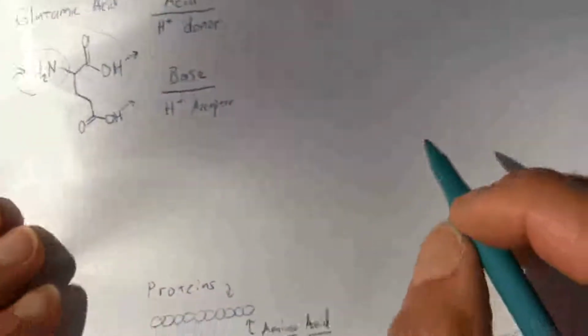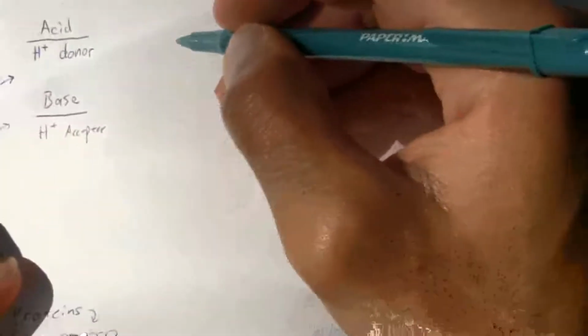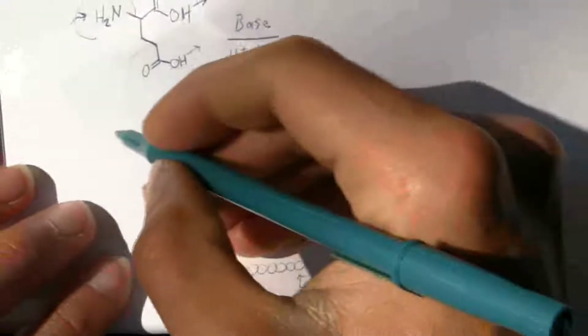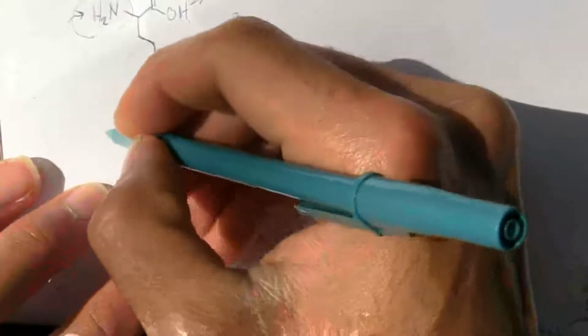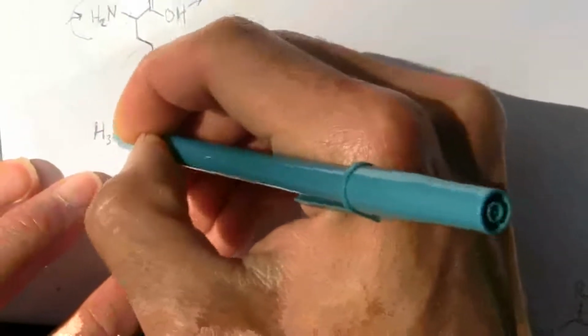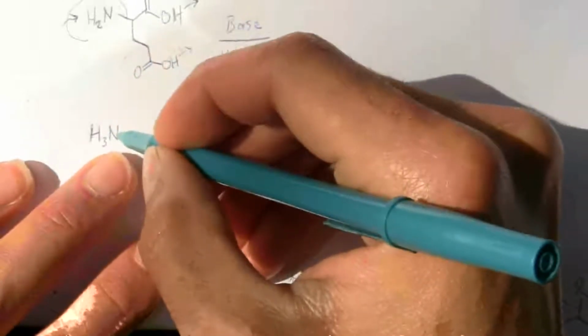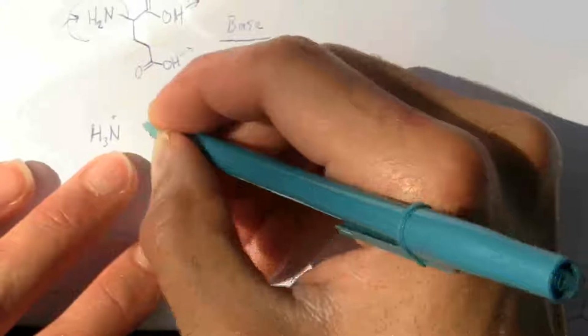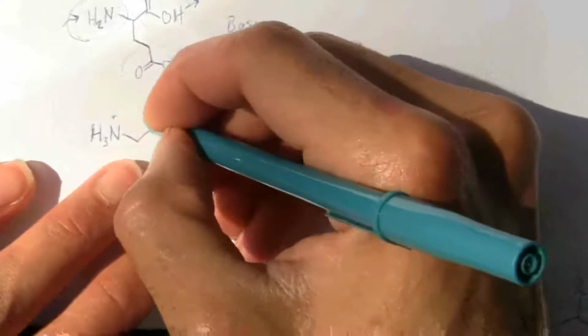So in reality what we have is the glutamic acid. Let me just write it down here. I'll rewrite this. It actually receives a proton at that nitrogen, giving us a positive charge over there.